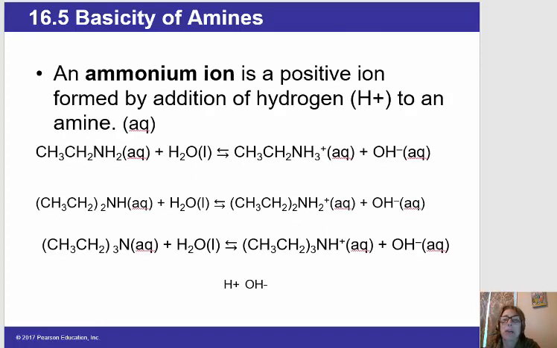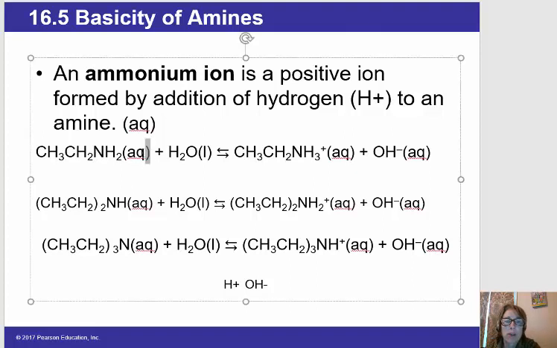So this slide has three different examples of primary, secondary, and tertiary amines respectively dissolving in water. Let's take a look at the very top one, where we have a primary amine, ethylamine, dissolving in water. This phase here, aqueous, means that each molecule or ion is completely surrounded by water.